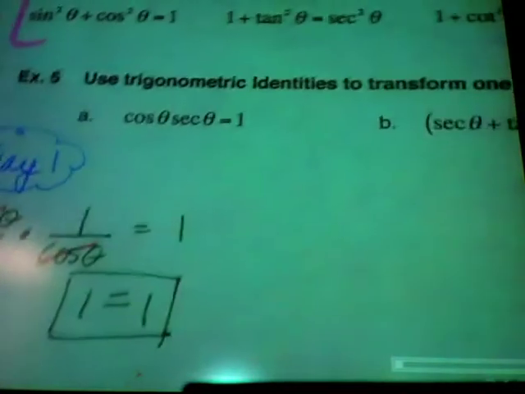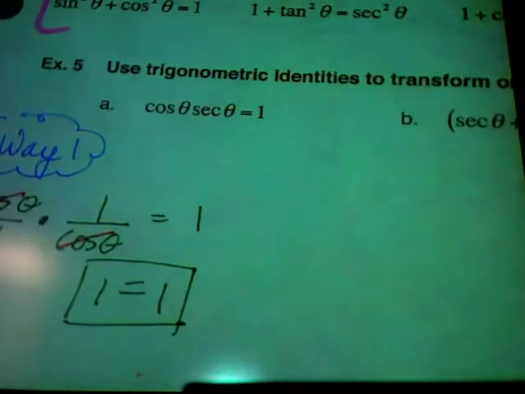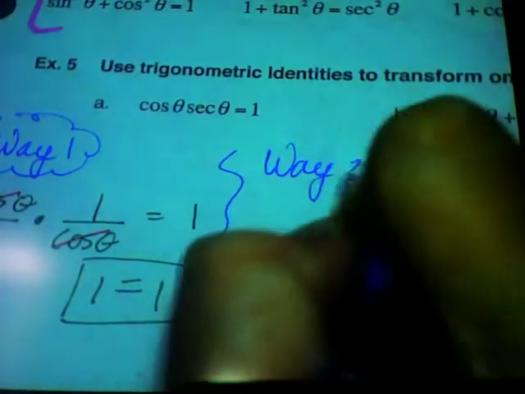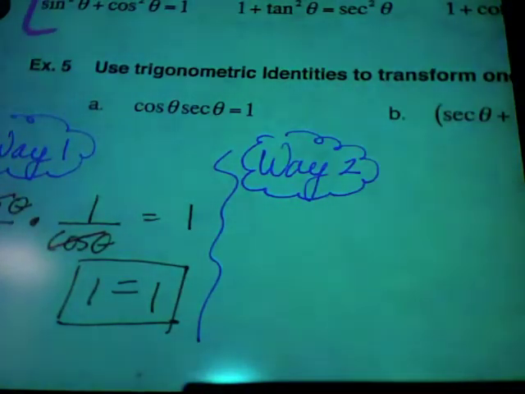Now let's do way 2. So way 2, this time I'm going to change the cosine. What's the cosine in terms of secant? 1 over secant.